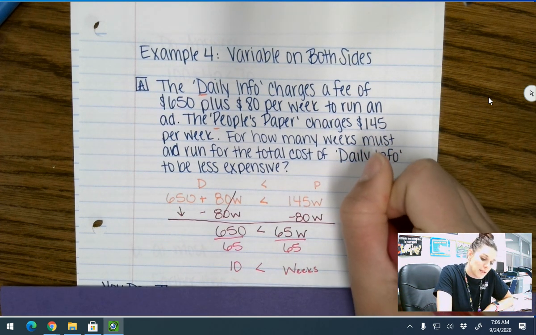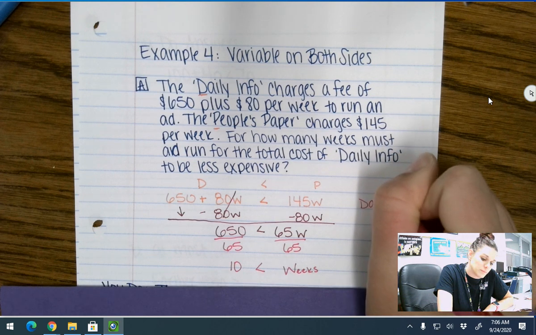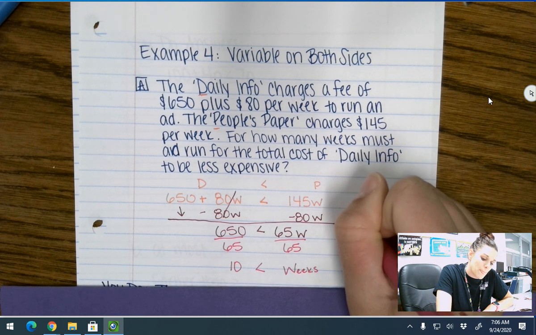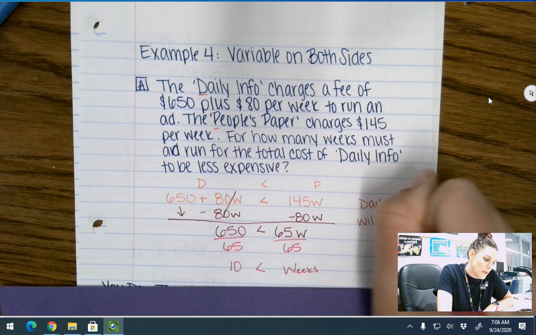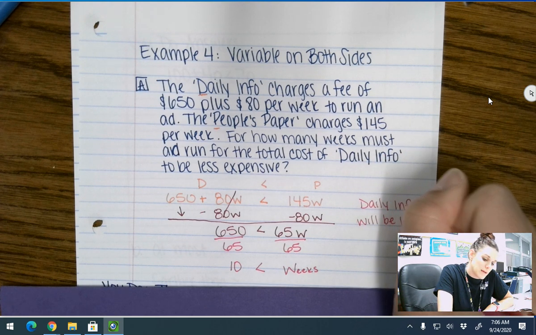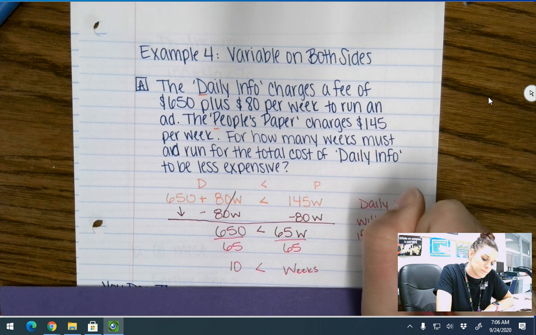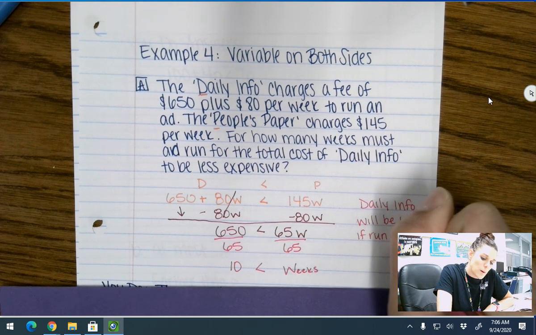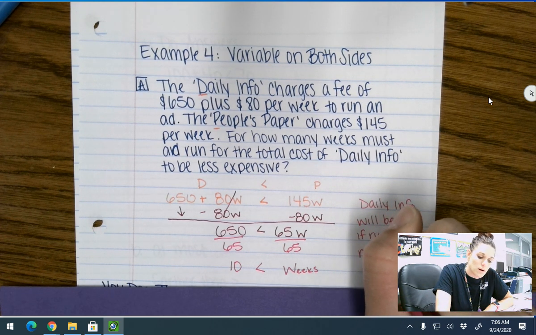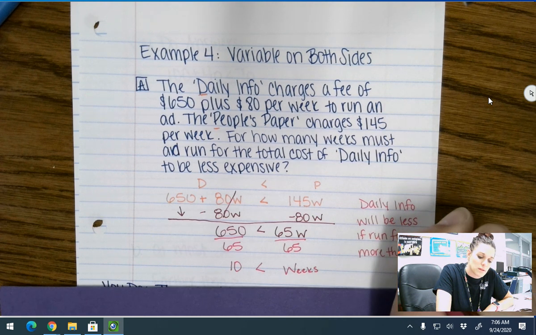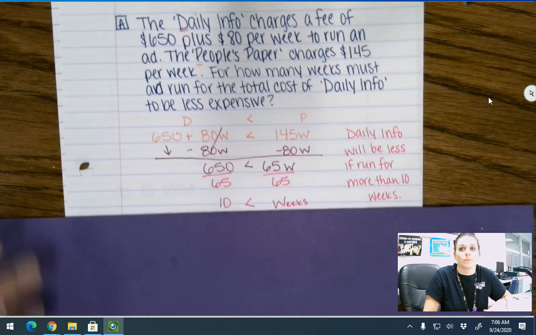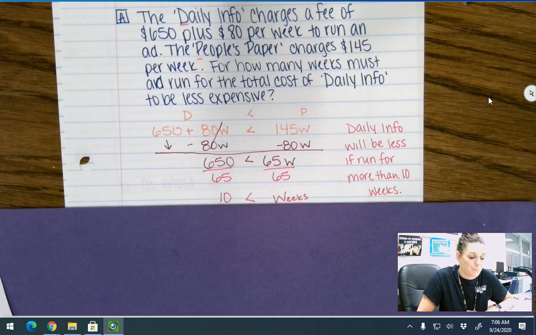The Daily Info will be less if run for more than 10 weeks. So at week 11 is when that will come into play.